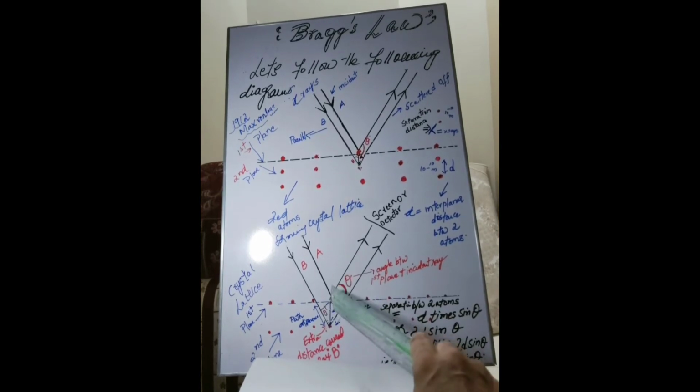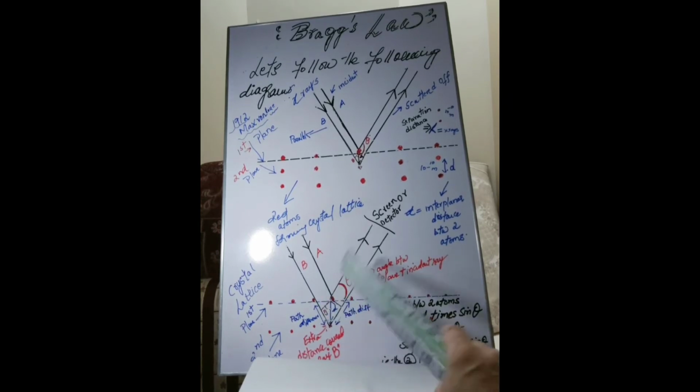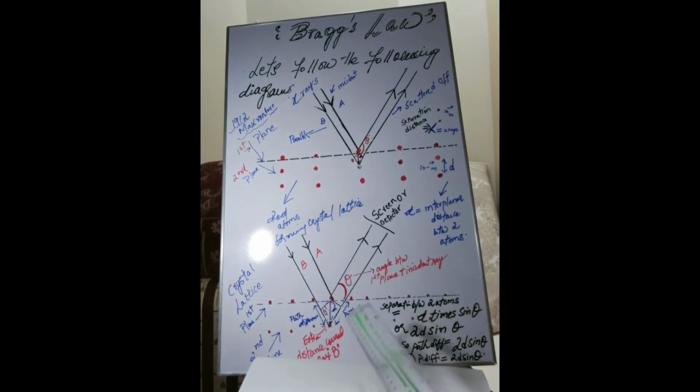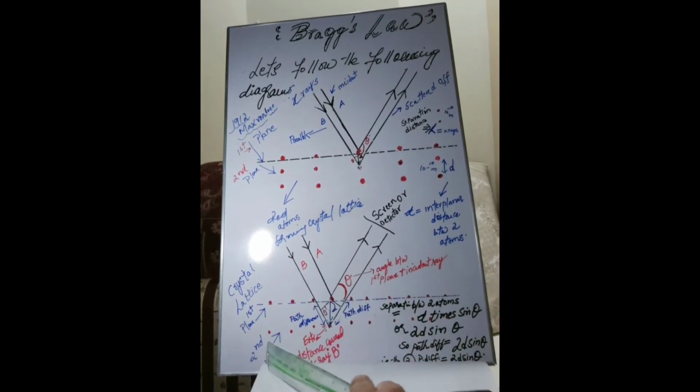You know that sine theta equals perpendicular upon hypotenuse. So this sine theta comes from here. Then you simply call the path difference 2d sine theta. So this was the second plane.